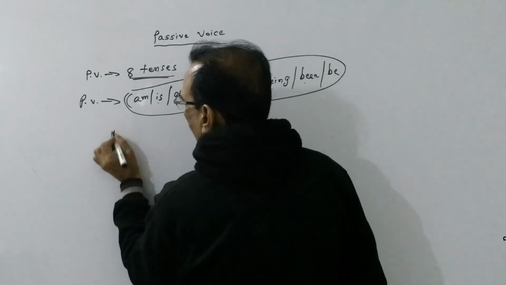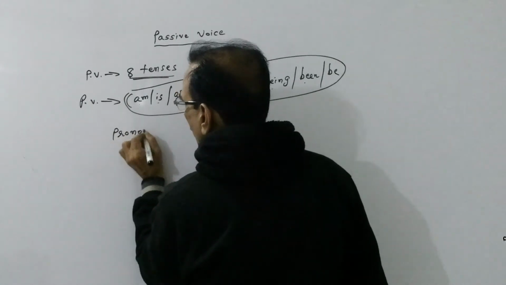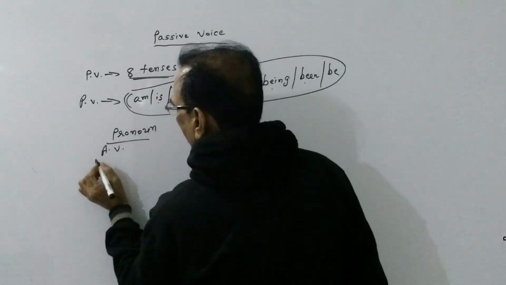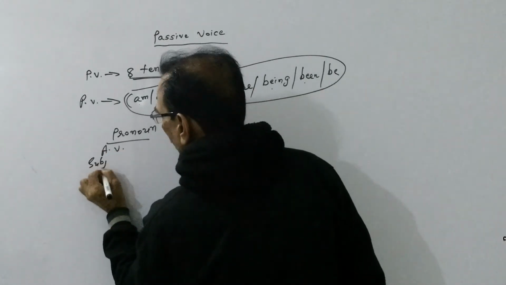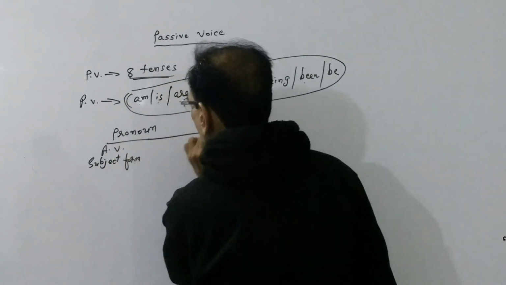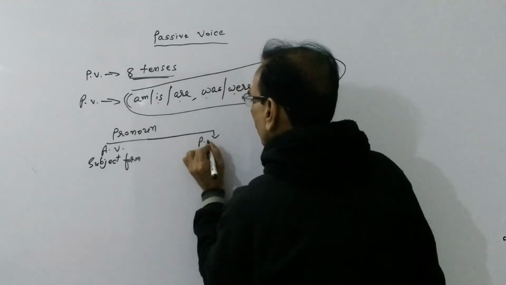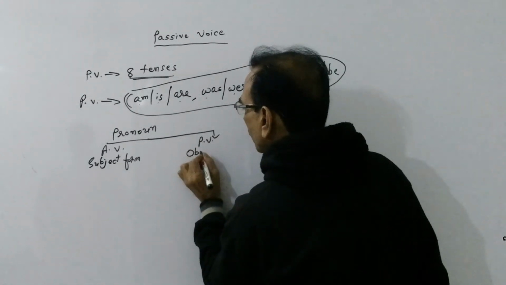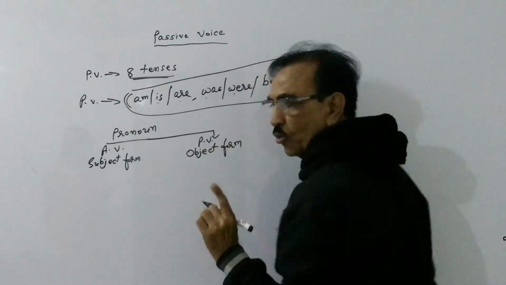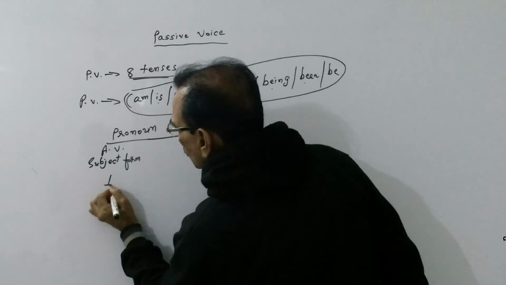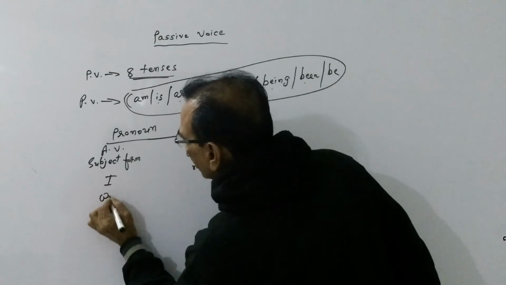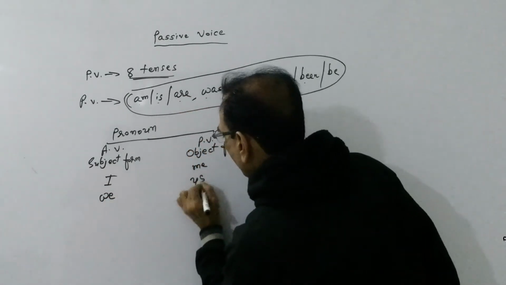Now, there will be some changes in the pronoun. In active voice, we have to use the subject form of the pronoun, whereas in passive voice, we use the object form of the pronoun. To note this down, friends, I is there as a subject, it will be changed into me. We becomes us.